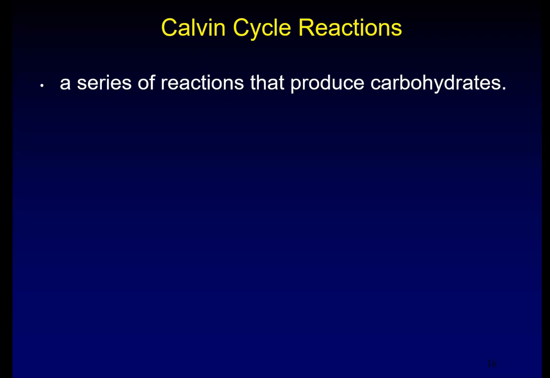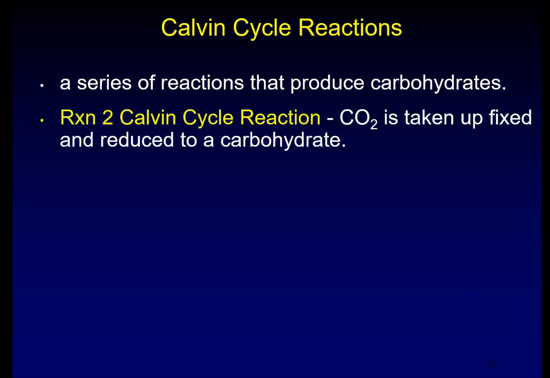What we're going to see is that glucose is not the final product of the Calvin cycle reactions, but instead the final product of Calvin cycle reactions are the PGAL or G3P molecules. And so that's what we're getting ready to get into.